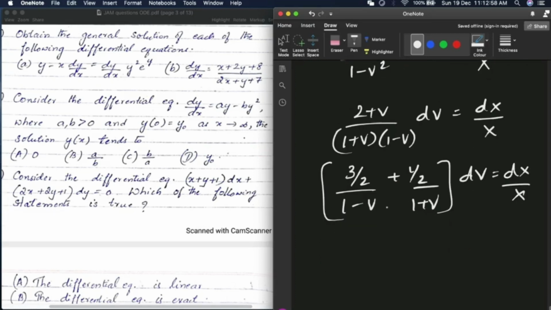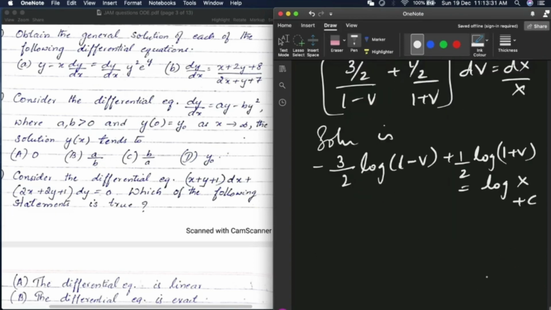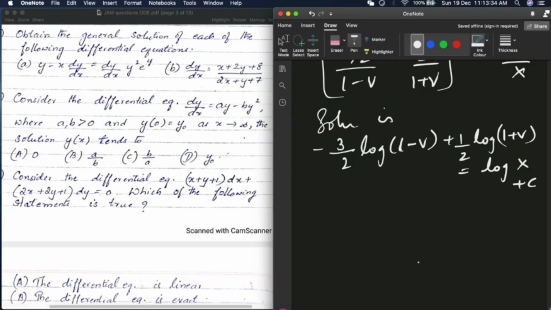Not necessarily partial fractions. So this you can consider as log C, so that it is easy for you to simplify.